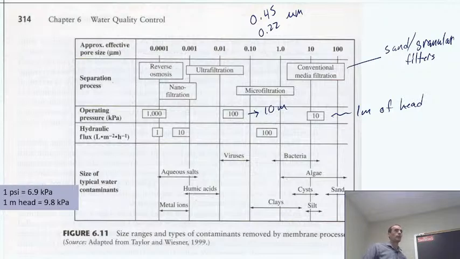Maybe you have a pump that can elevate your water for you, and then you can use that tank and supply the pressure required to do some ultrafiltration, which, around in this area should get us removal of most, if not all, viruses. So that's corresponding with a pore size of about 0.01 micrometers, so 10 nanometers.